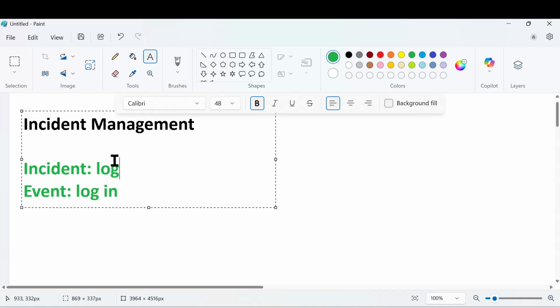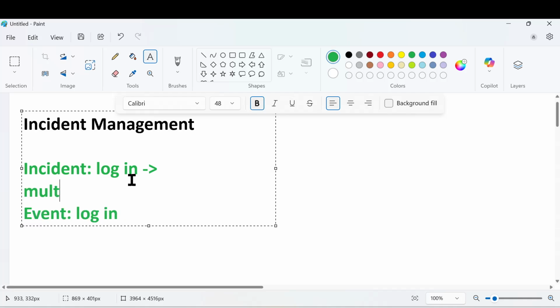Let's say I was trying to log in to my system, but I'm not able to recall my credentials. I forget the recent credential I set on my laptop, so I put in multiple different credentials so that I will be able to gain access to my system.